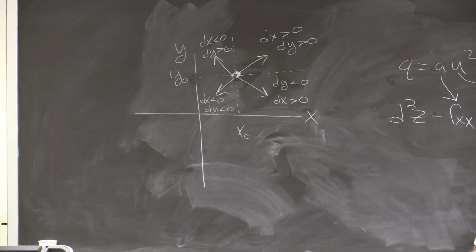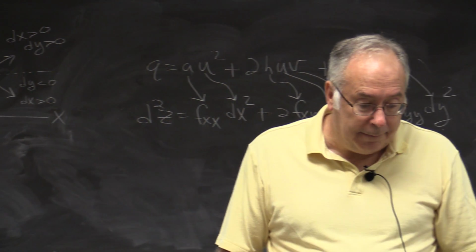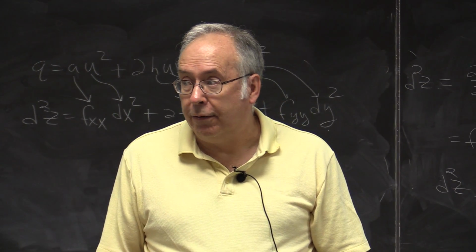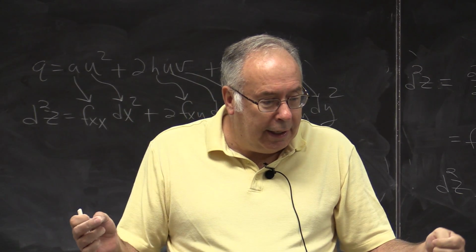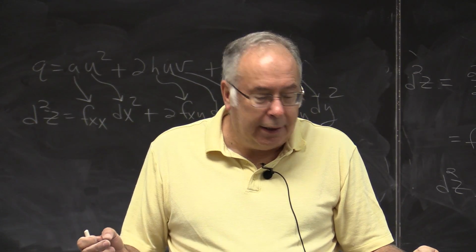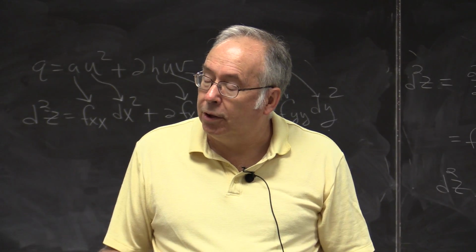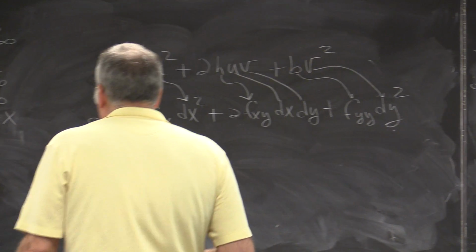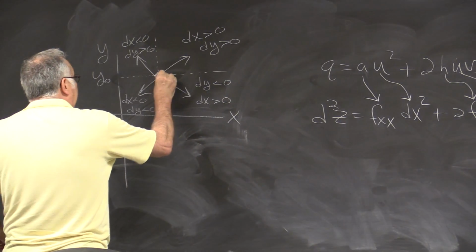Then that means you have a minimum there. Because you know that dz is 0 at the critical value. You move away, and then dz is becoming bigger. Bigger than 0 means going up. No matter which direction you go, you're going up. So this point right here has to be a minimum.